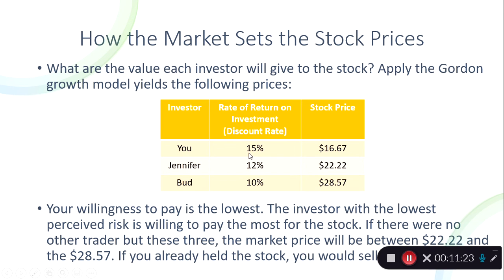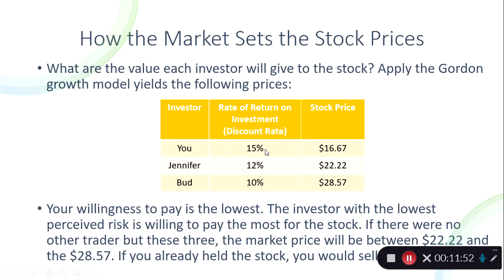You have KE equal to 15, minus G. G is 3. It is what? 12. So the dividend $2 over 12% is your stock price, right?